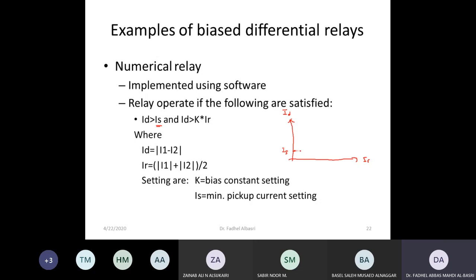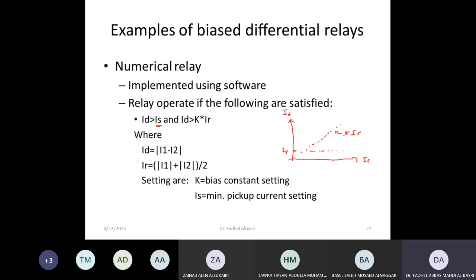This is one setting. So the differential current ID has to be greater than this, as well as greater than a differential current in proportion to the restraint. So this is the second one, which is another equation: ID equal K IR.